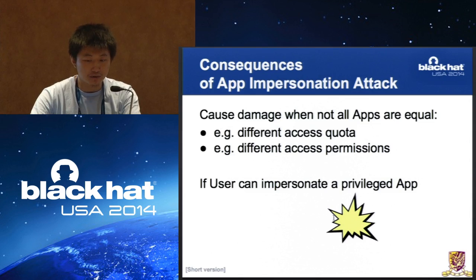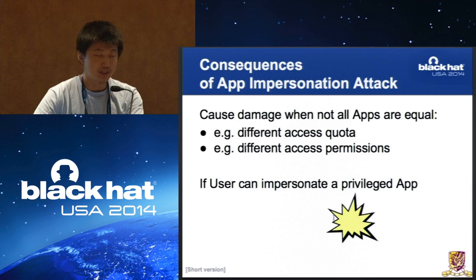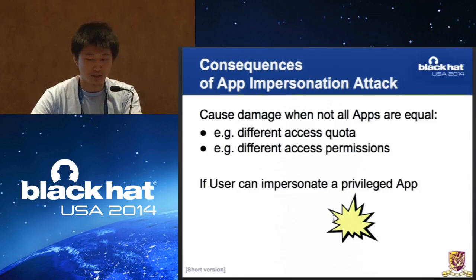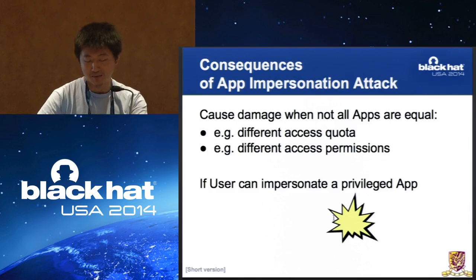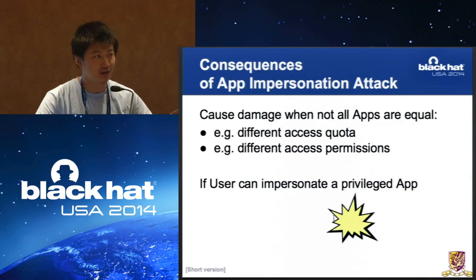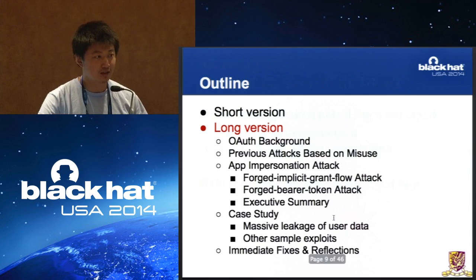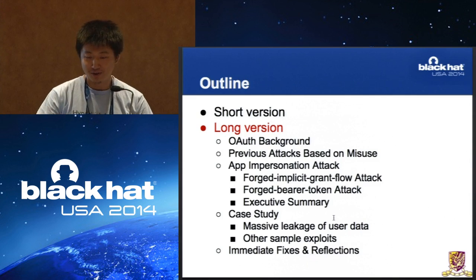But in some scenarios, since not all apps are born equal, it can make a difference. For example, different apps may have different access quotas or different access permissions. If a user can impersonate some privileged app, this becomes worse. Later I will show you some surprising things about apps having superpowers. Basically, that's the short version. At least you know the general flow of the problem and the attack.